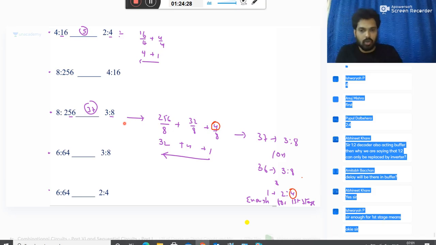So let's do few problems. So the previous GATE question comes here.